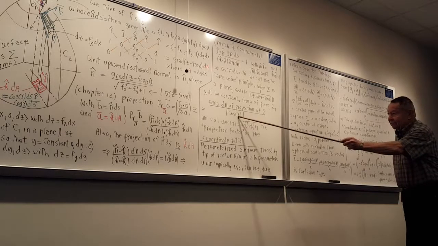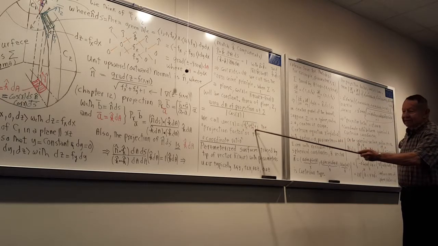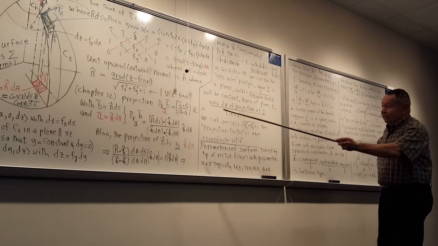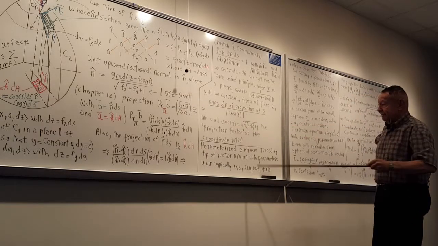And of course, 1 over cosine is secant. So your secant is actually this magnitude of your gradient of z minus f of xy.